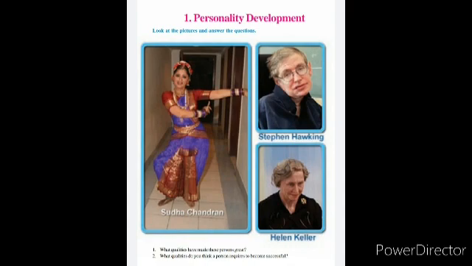Now, children, after identifying them, let's try to note the particular reason for them being here. If you have noticed, these personalities had reached their individual zenith of success, though being disabled. You will be surprised to realize that Sudha Chandran had to get her leg amputated after an accident.